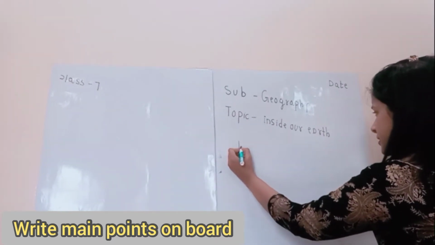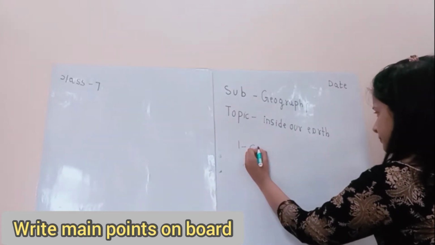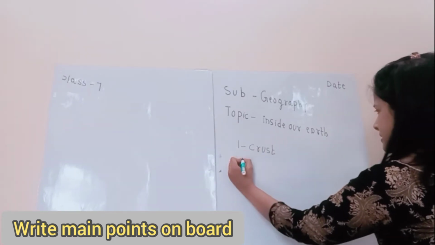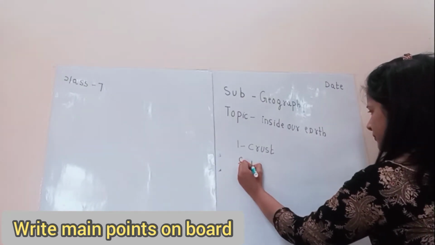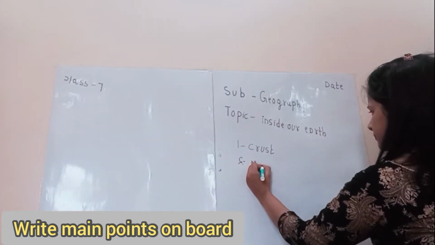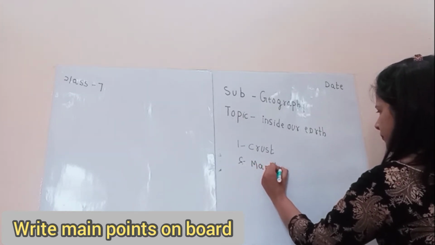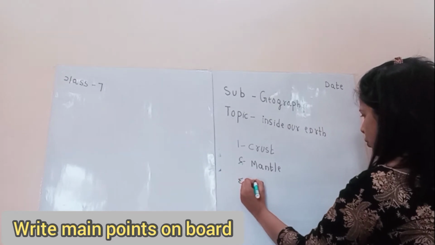First one is crust. Second is mantle. And third is core.